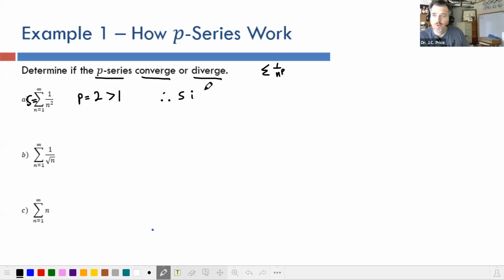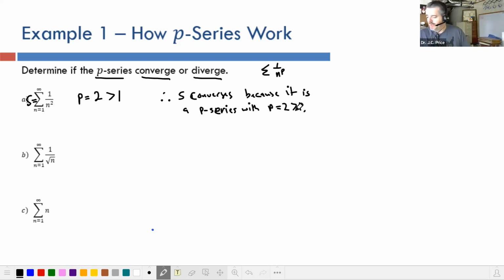Therefore, S converges because it is a p-series with p equal to 2, which is bigger than 1. And so to conclude convergence, we have to say it's a p-series, what its p-value is, and whether it's bigger than 1 or less than or equal to 1.